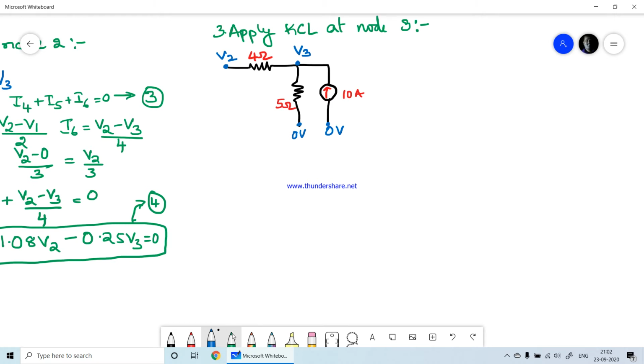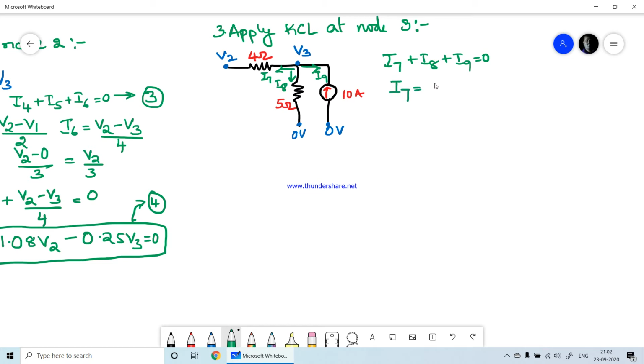Now I'll mark all the currents leaving this node. This is one branch, this is another branch, this is another branch. I took till I6, now I'll take these as I7, I8 and I9. So I'll write the KCL equation for node 3, which is I7 plus I8 plus I9 equals 0. Now what is I7?